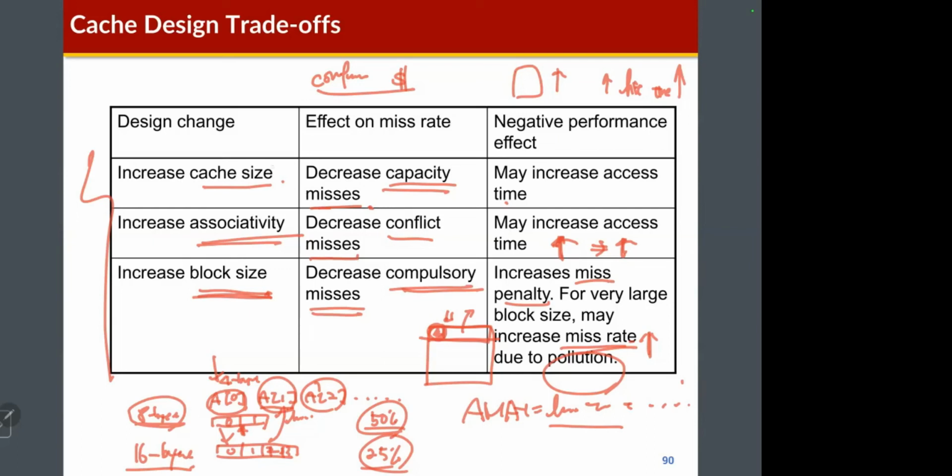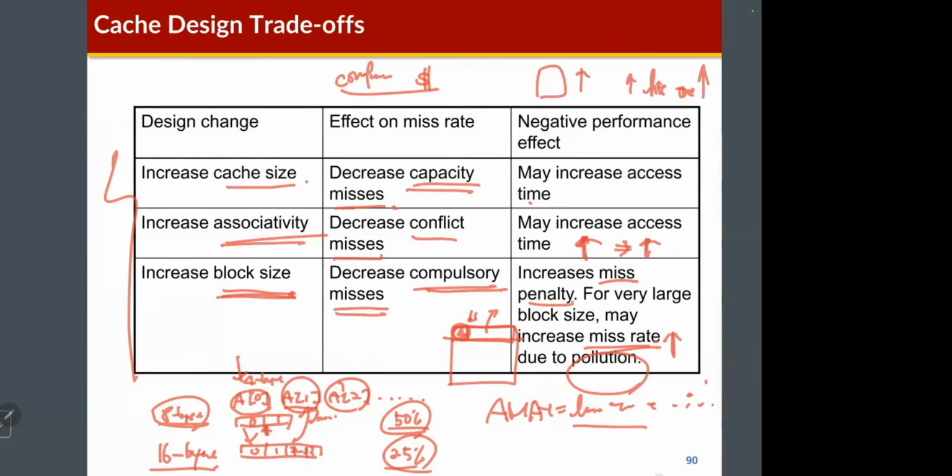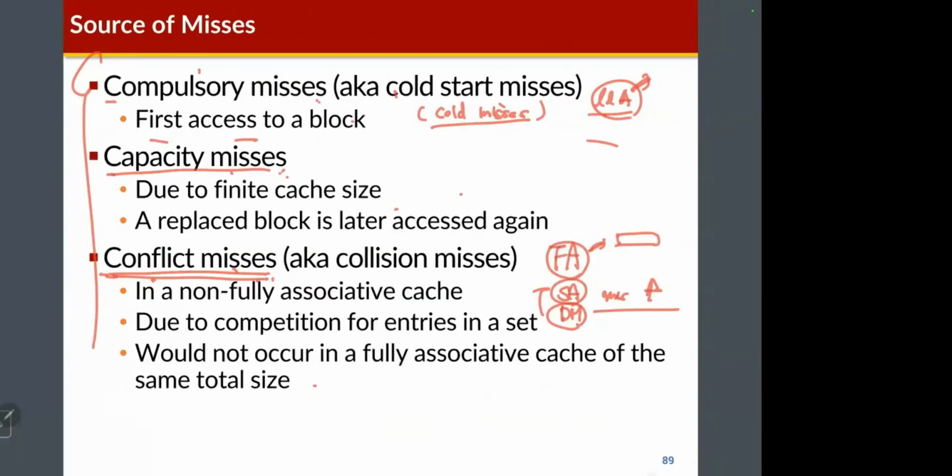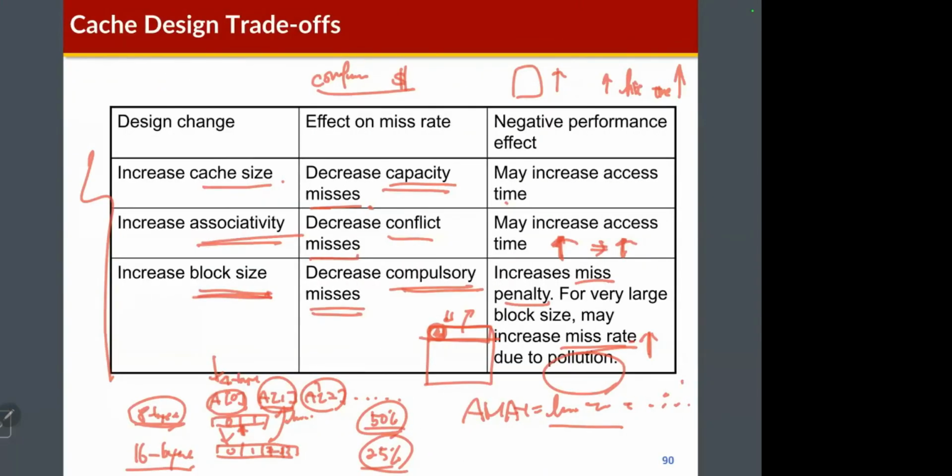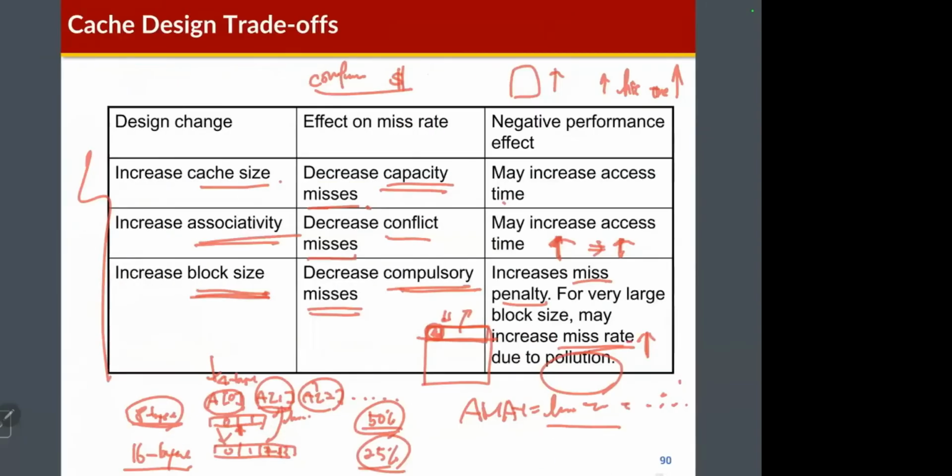We need to consider different configuration factors, and then set the cache using an optimal configuration based on the analysis of our workload. I also covered the three C's of the cache, the sources of misses. This is a somewhat important topic in the cache.